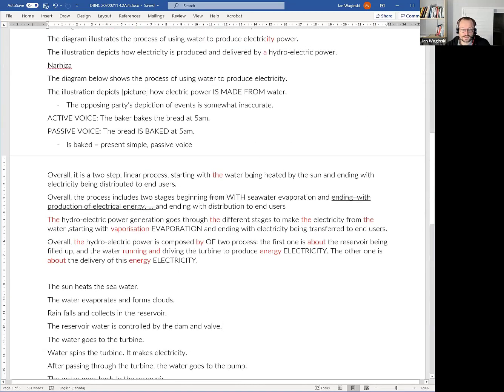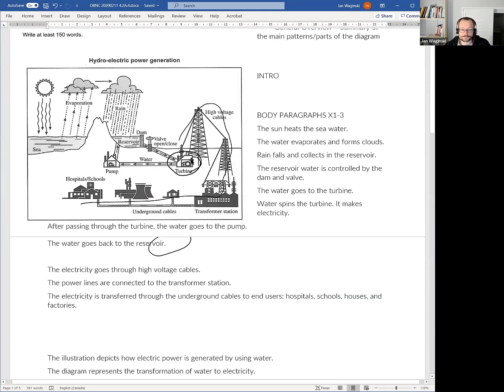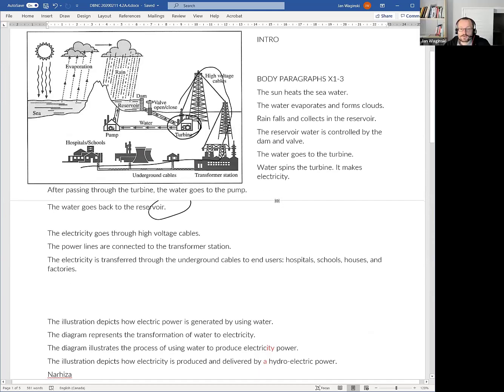If we look at the diagram, we're talking about this part here. I'm not sure that it's really controlled by the valve. No, the reservoir. It's connected to the valve and the pump. But can we be more specific? It's not like the reservoir is controlled by the dam. Yes, it's held back by the dam.